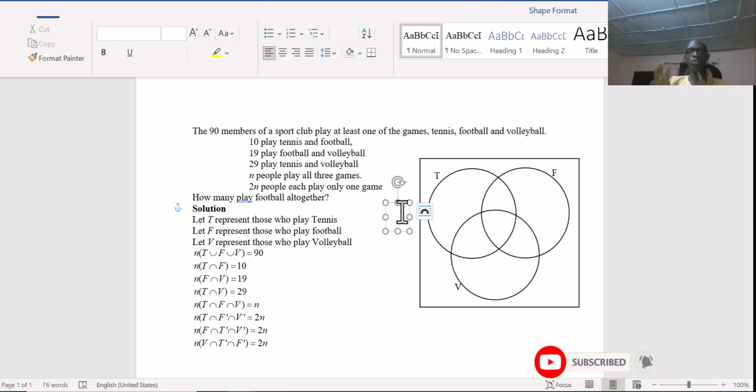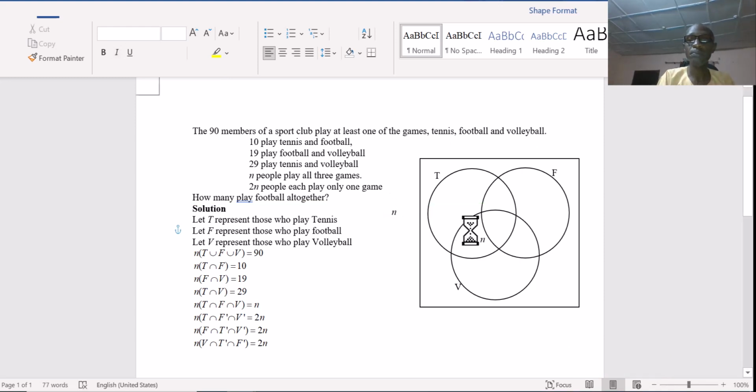All those who are playing all the three games are N, so we put that in this place. The next statement is those who are playing just one of the games, that's 2N.